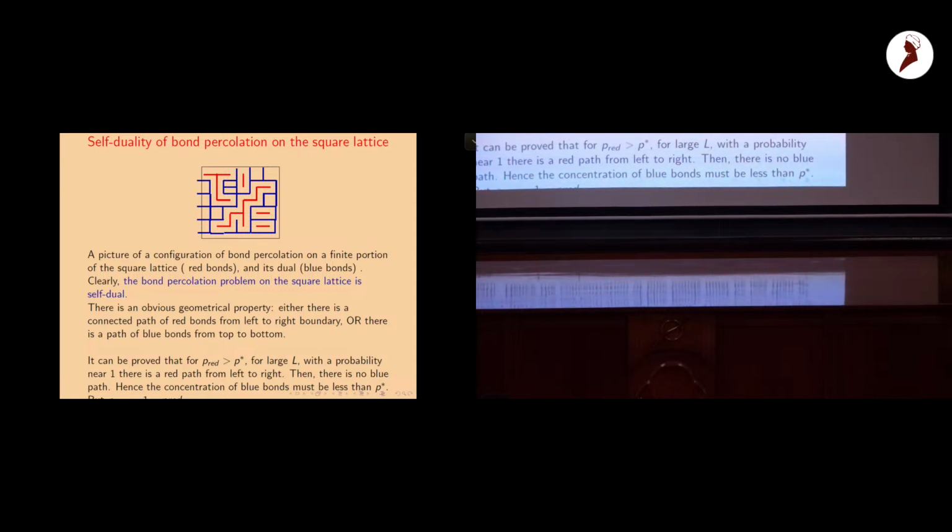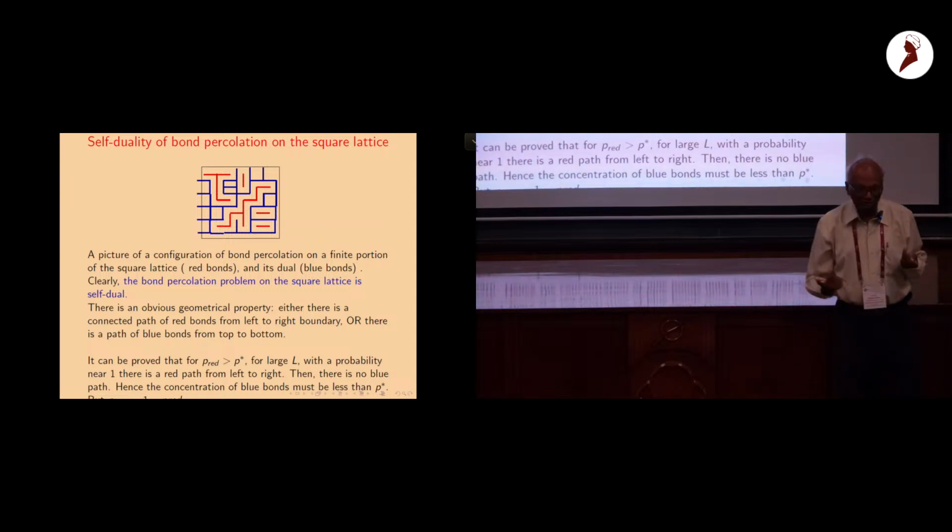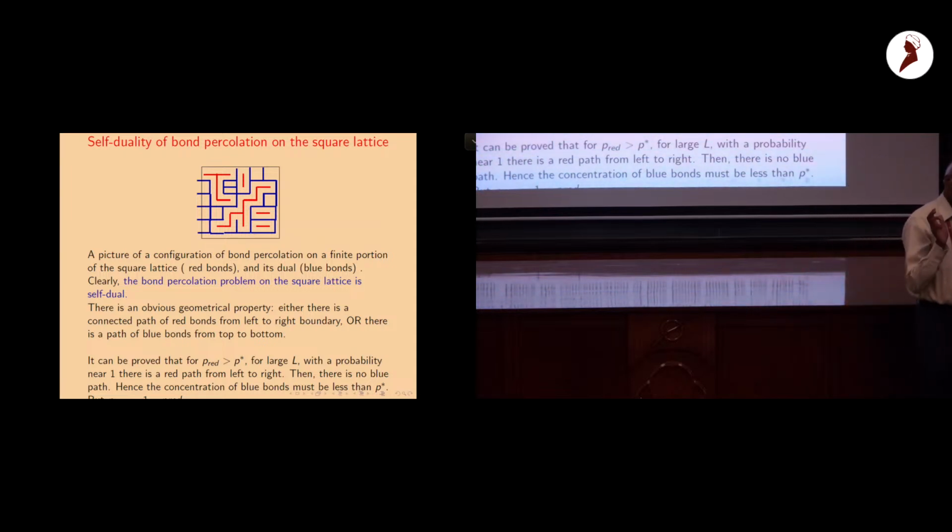Okay, so now I will use some heuristic, actually not heuristic, but the correct argument, but not rigorous in the mathematical sense. So I will say that, look, suppose for the percolation problem there is a PC. If P is bigger than PC, then there are a lot of paths.